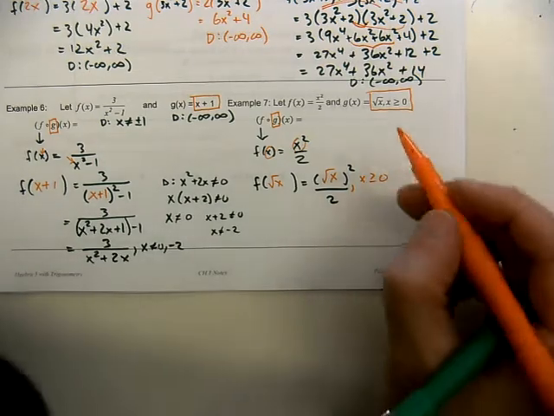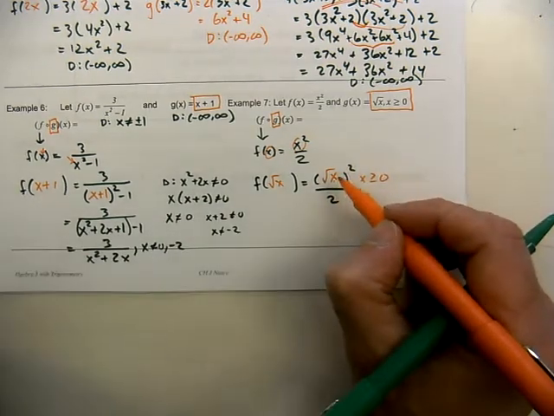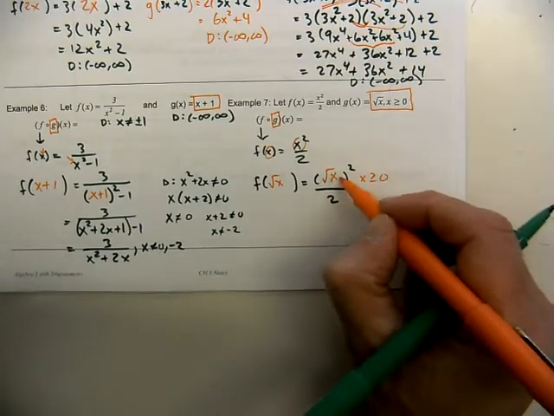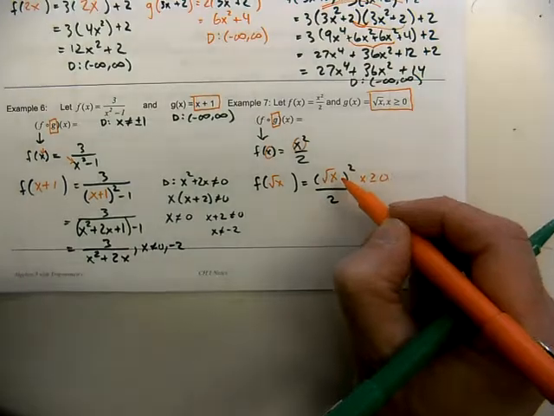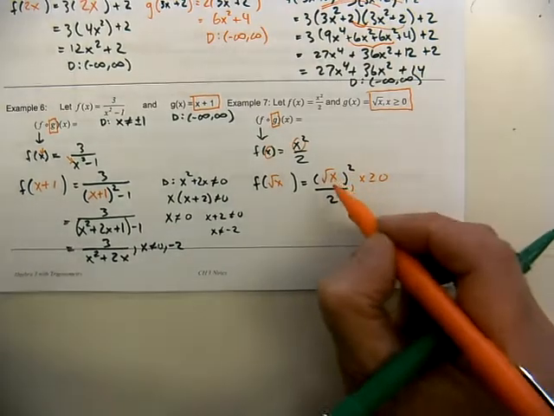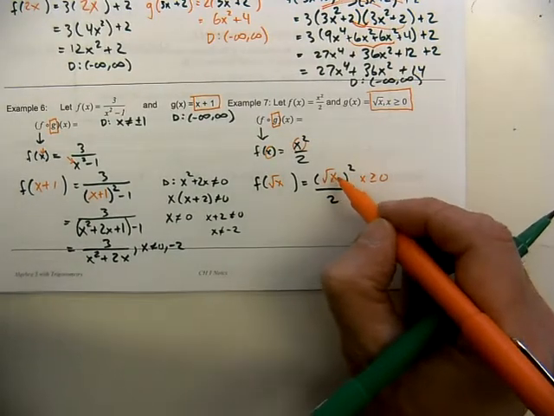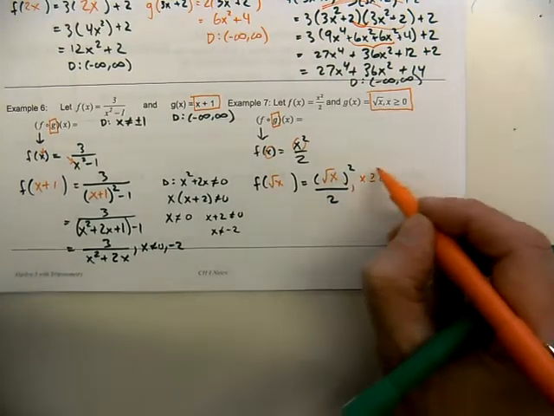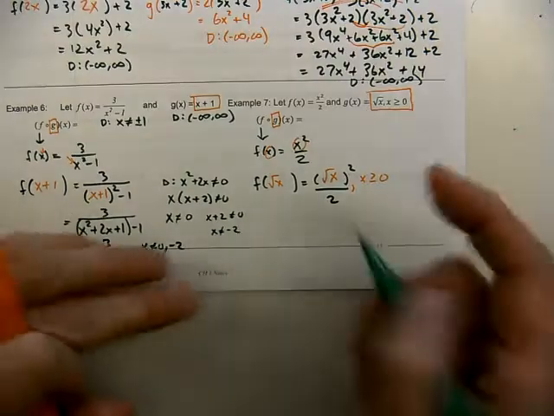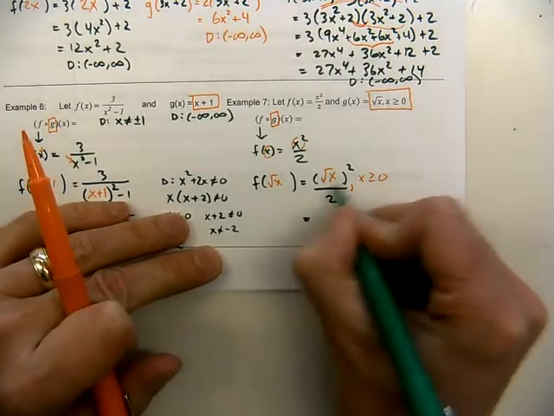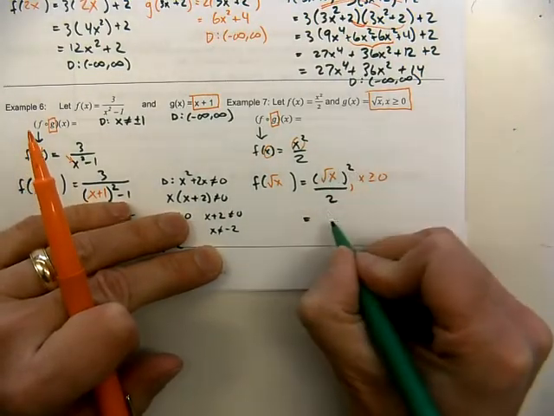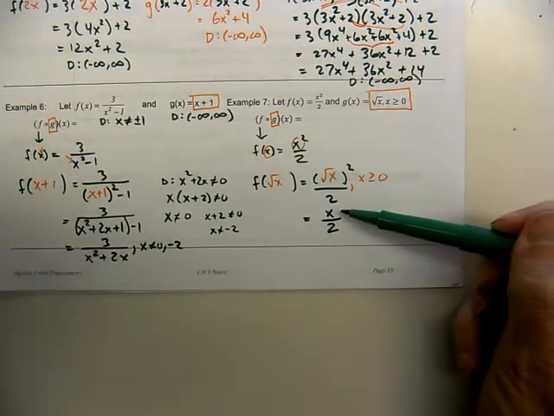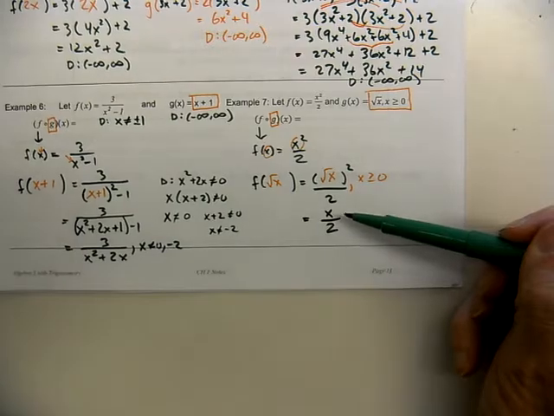What that means is when I'm plugging in the root x, I'm not just plugging in a root x, I'm plugging in only the inputs that make a root x give me a real answer. So I can plug in a 0 and I can plug in a 1, but I cannot plug in a negative 1 or a negative 2, right? So that's why we have to consider this. And the reason why it matters so much is because when we simplify this, it looks like the square root disappears, right? It looks like the radical is gone. Does this mean I can now plug in anything I want?